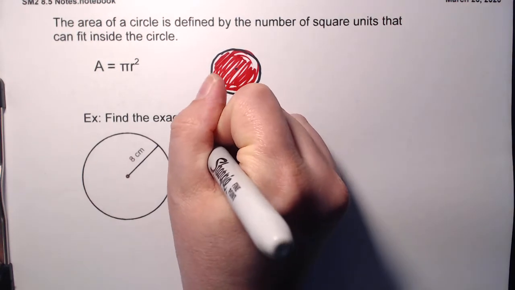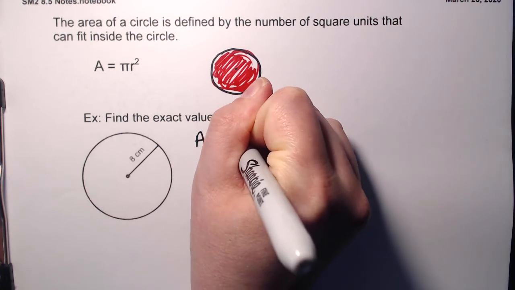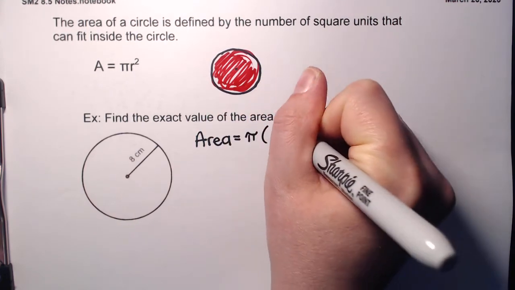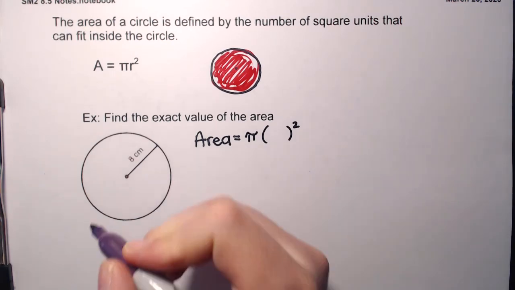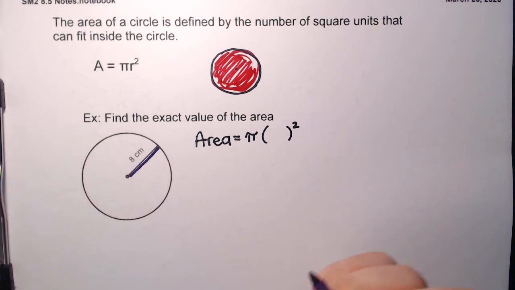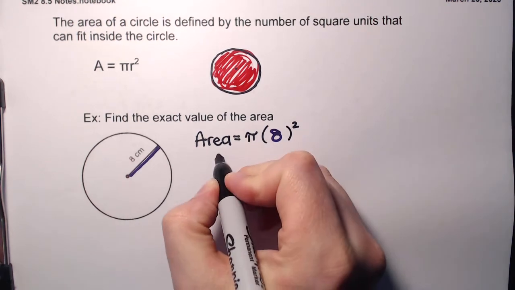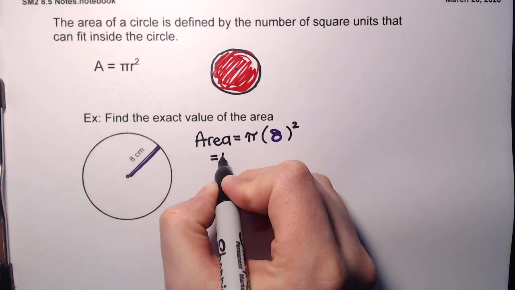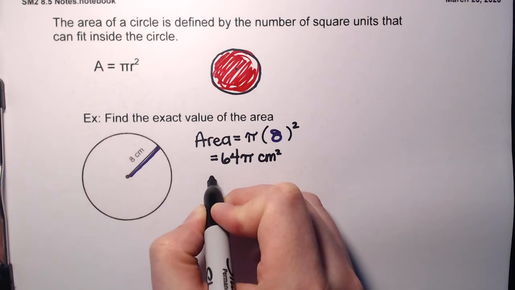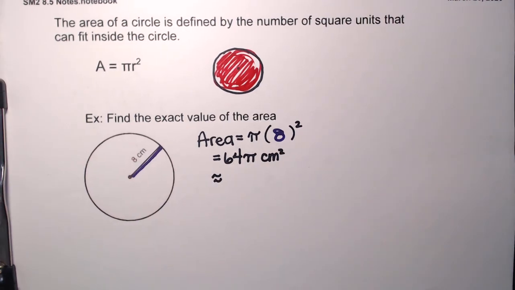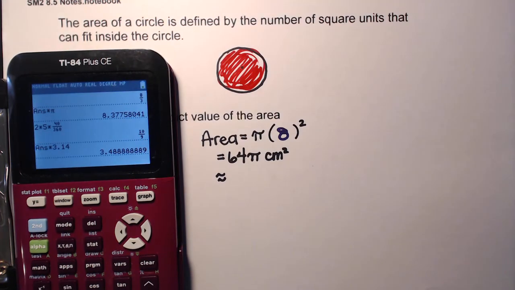So area is going to equal pi r squared, where in this case r is that 8 centimeters. So I want my two answers. The first one being 8 squared is 64. And then I also want where we multiply the pi in. So 64 times pi.